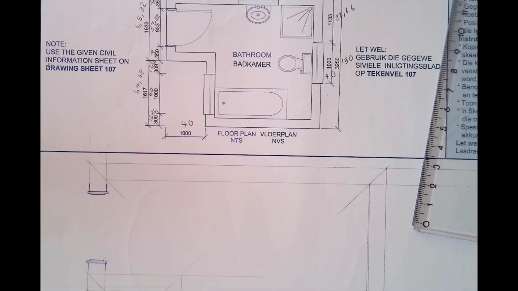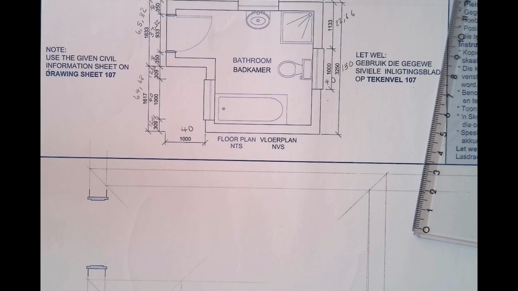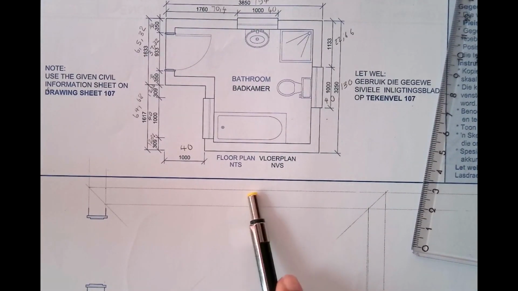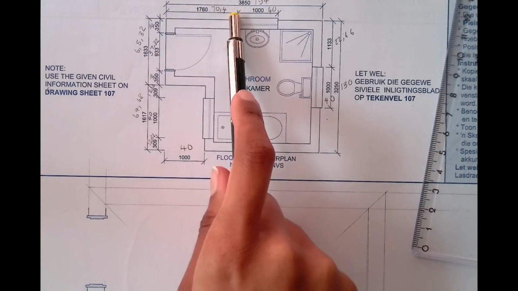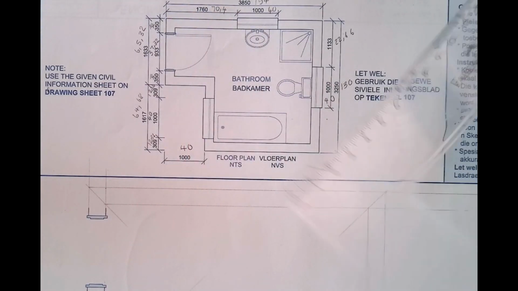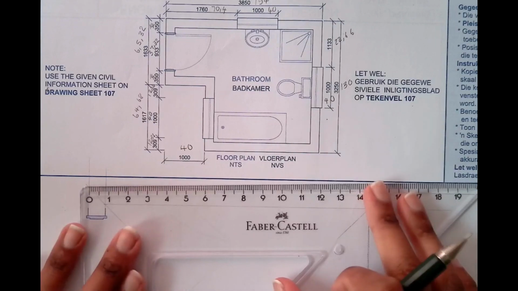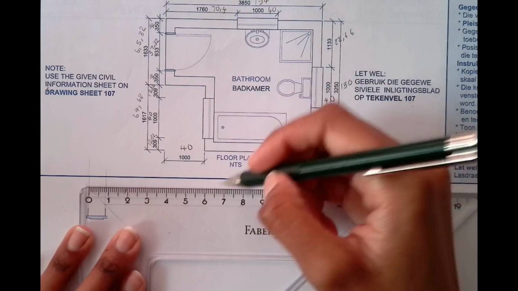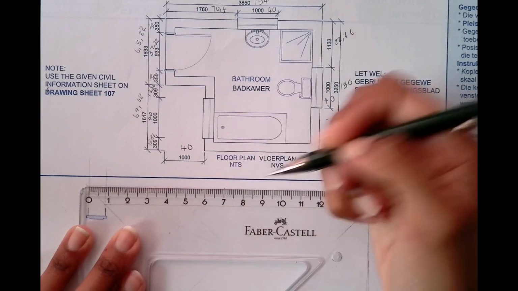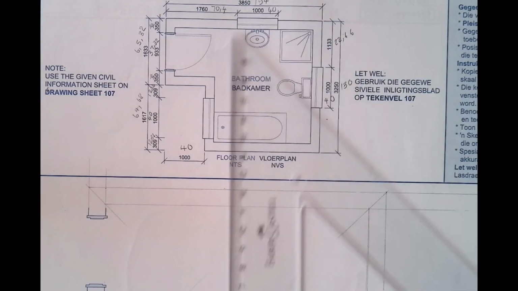I'm going to just scroll up a little so that you can see. So we have a window here, and to get to that window, let's measure 70.4. So this is my 70, the 0.4 will just be there.